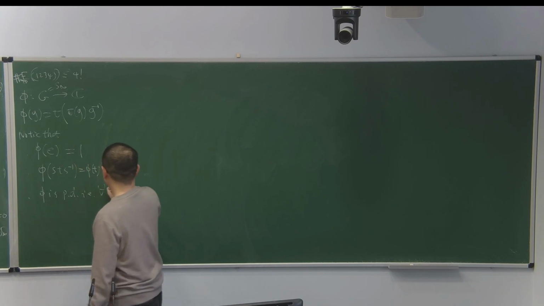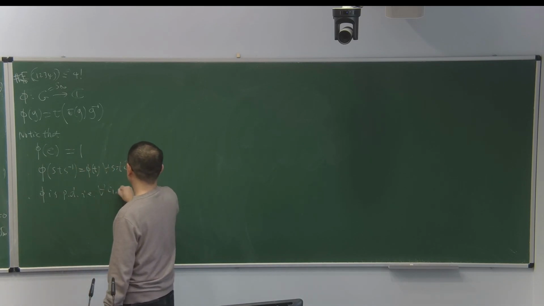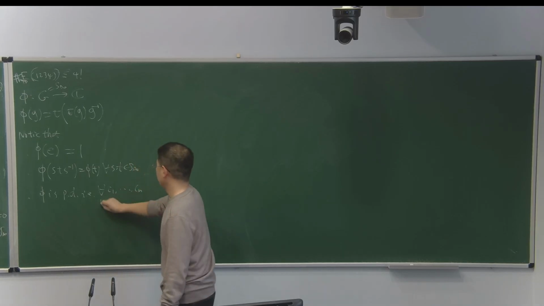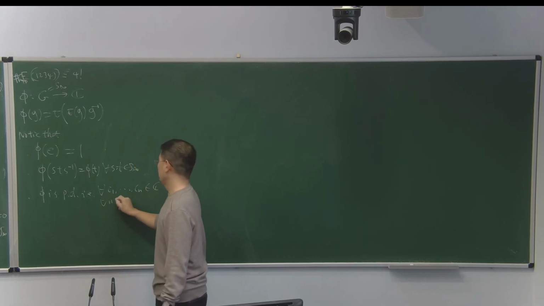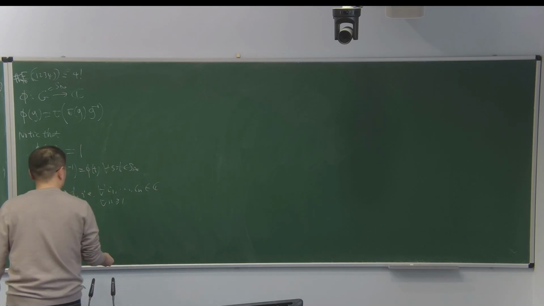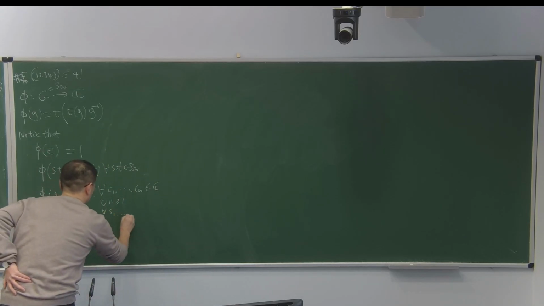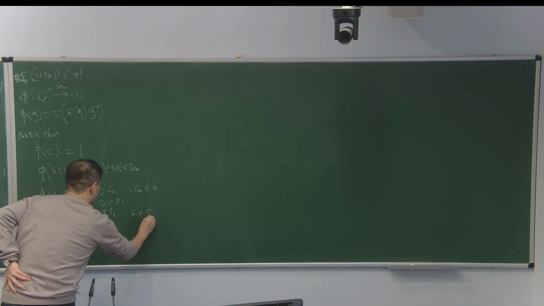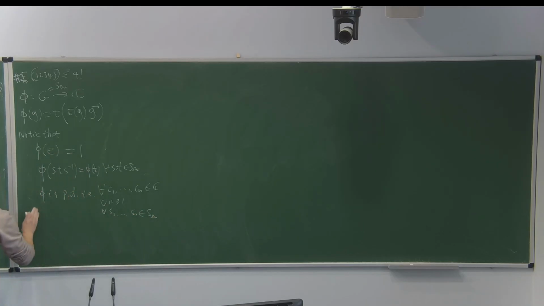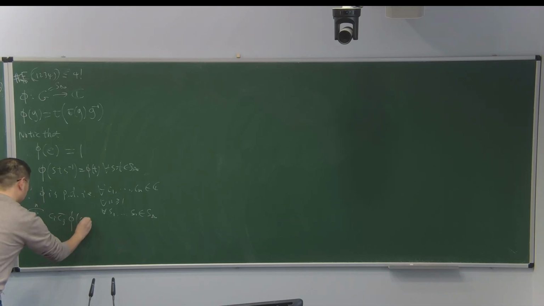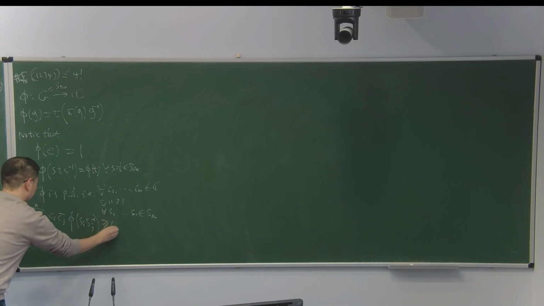In the sense that for any n, for any lambda, c_1 through c_n in C, and for any s_1 through s_n in S infinity, the sum over i, j from 1 to n of c_i c_j-bar phi(s_i s_j inverse) is non-negative.